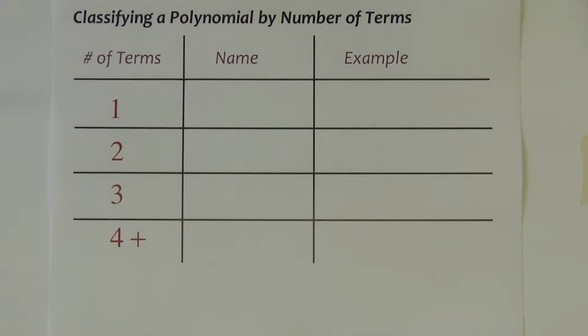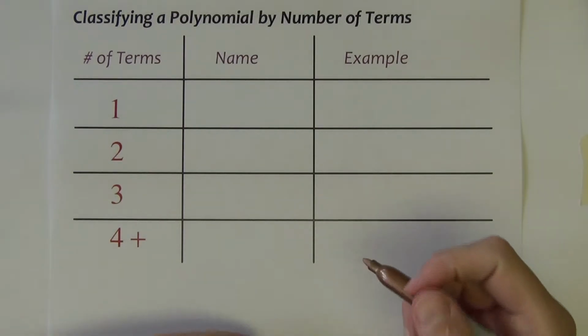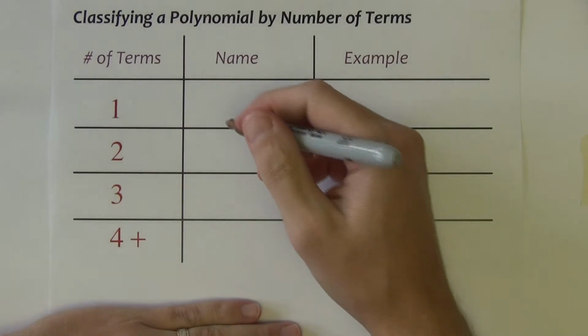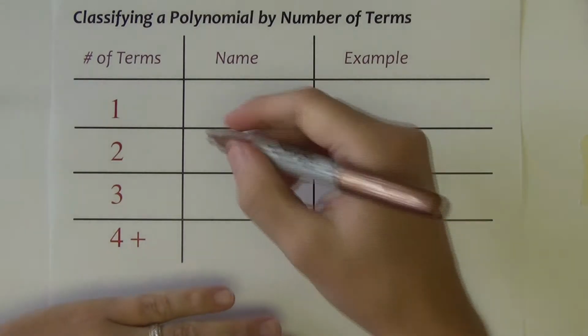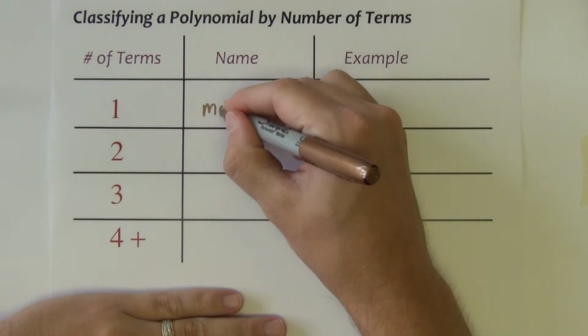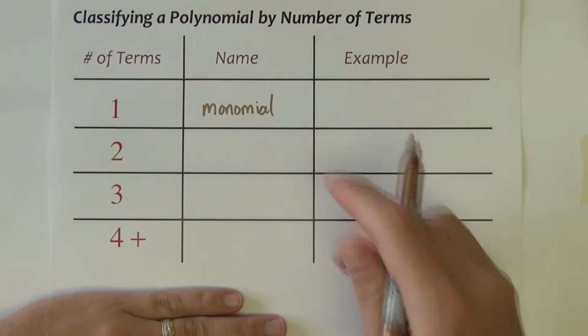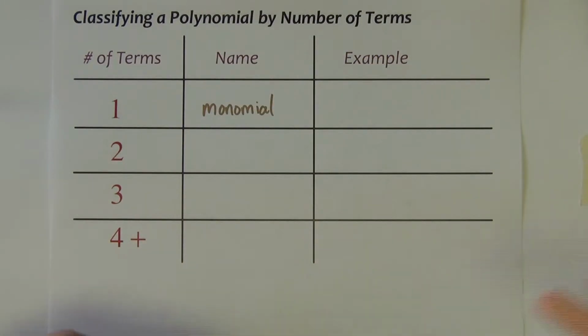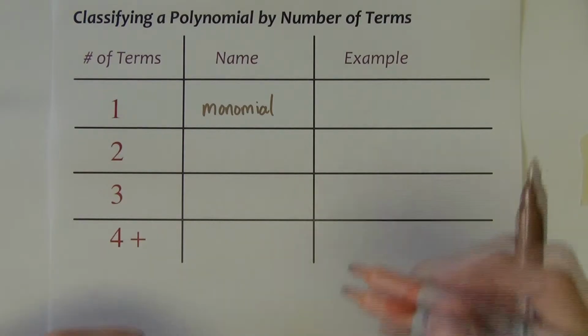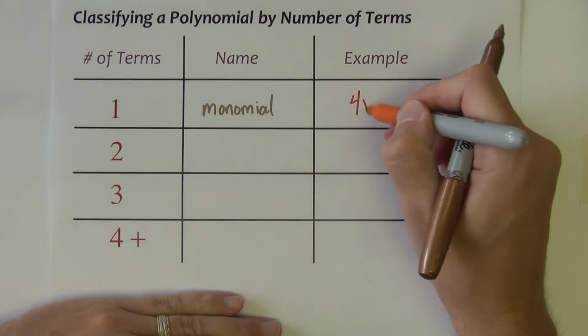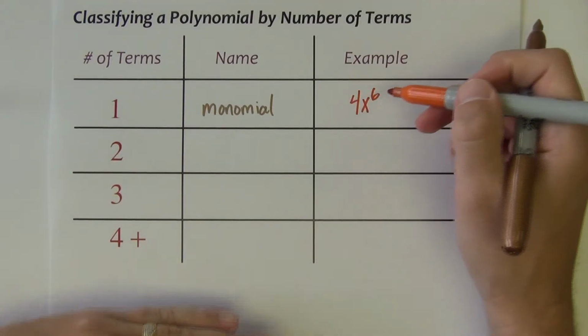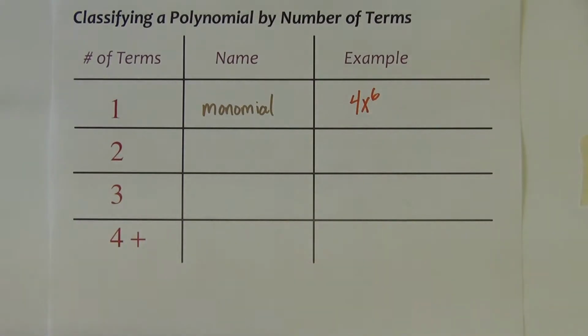So we can also classify polynomials by the number of terms that they have. A single term polynomial, one term, we've already defined. It's a monomial. An example of a monomial is anything with one term. 4x to the 6th. Single term, that's a monomial.